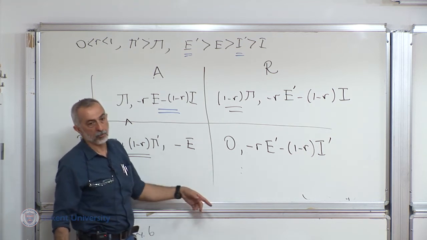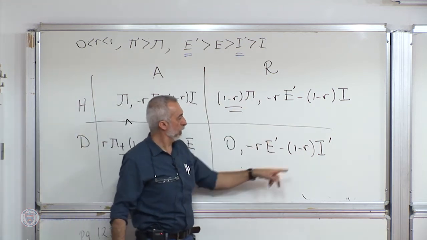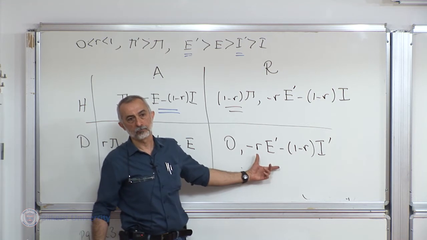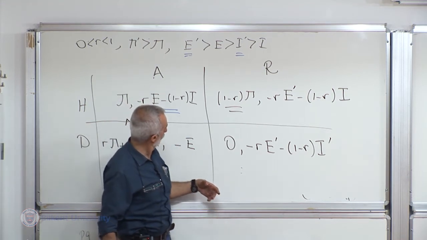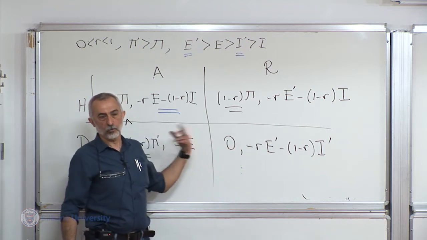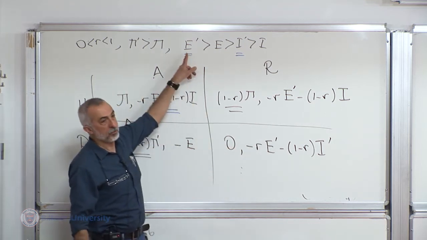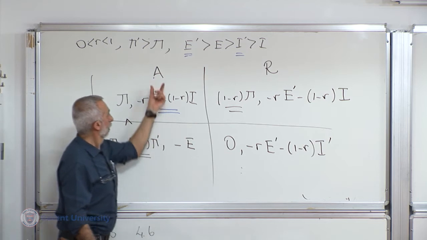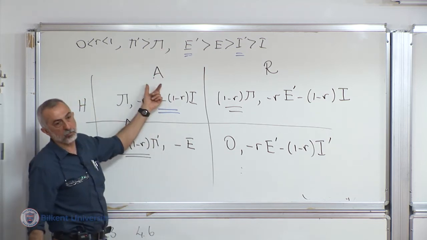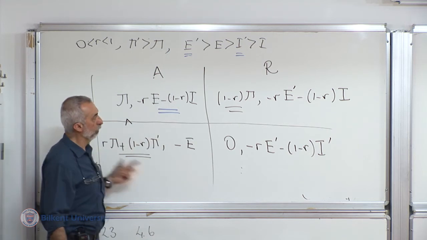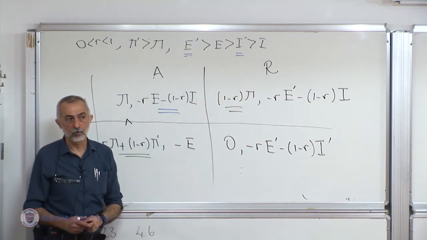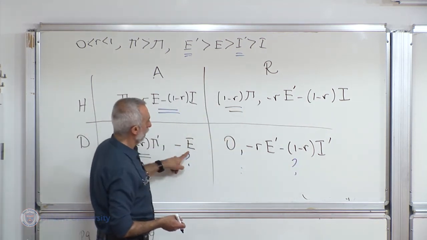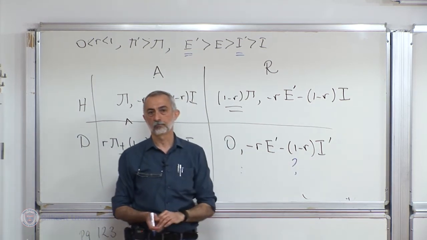But if there's a lot of weight on I prime, so if R is close to 0, then this number changes. So depending on what E prime, E, I prime, and R are, in the pure strategy game, A could be a best response to D, or R could be a best response to D. So we don't know. It depends on E, R, E prime, I prime.